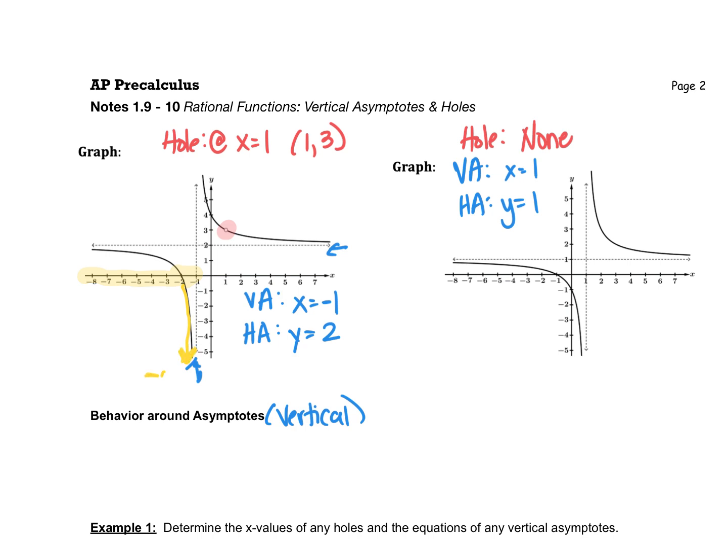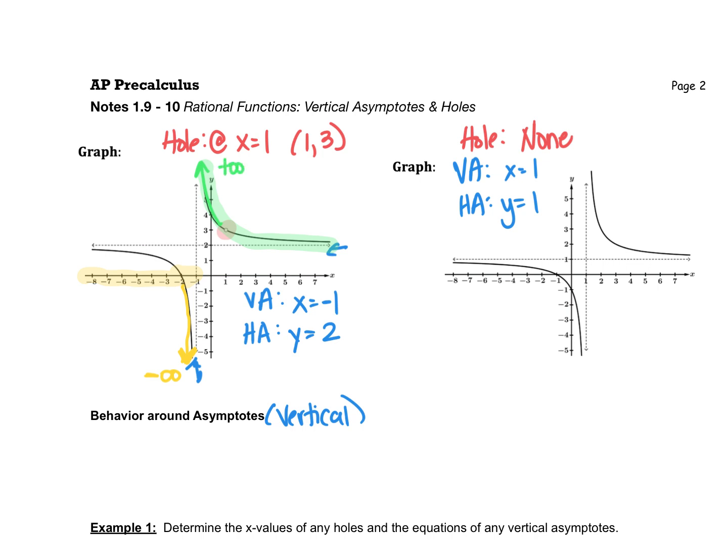It's approaching negative infinity. If I look at it on the other side of the asymptote, as my x values approach that asymptote from the positive side or from the right, then we notice that our graph is going up. So it's approaching positive infinity.